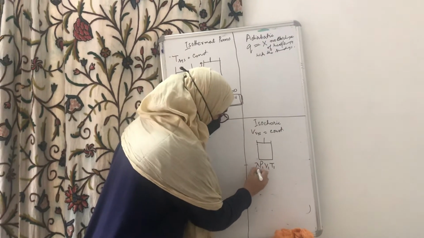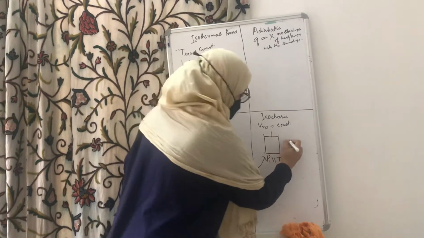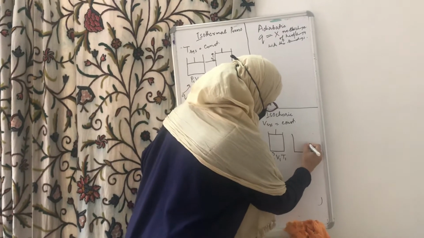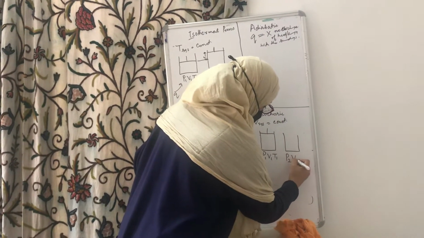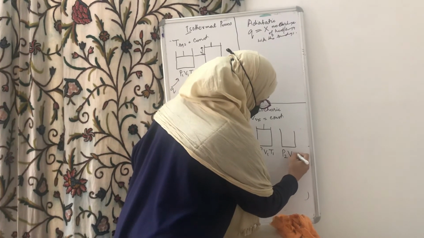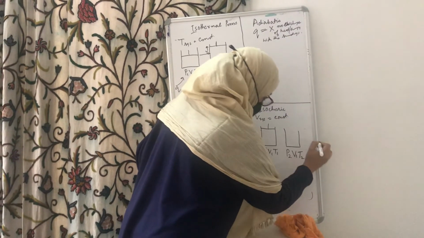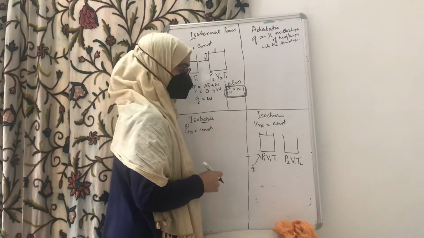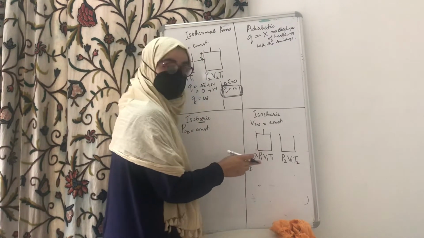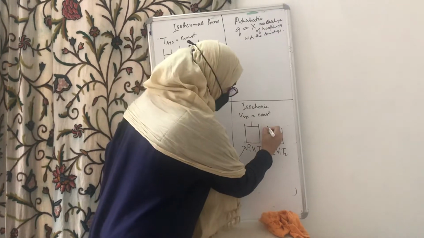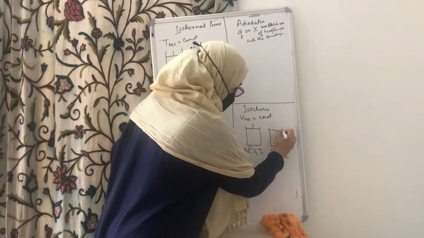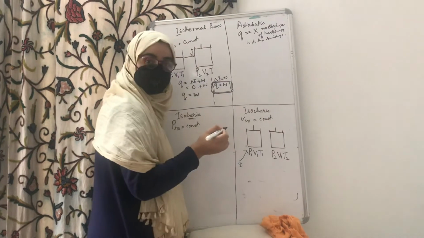So you are giving energy. Pressure becomes P2, volume remains V1. Temperature becomes T2. Correct. Only pressure and temperature change. Is there any change in volume? No. So this will remain there.